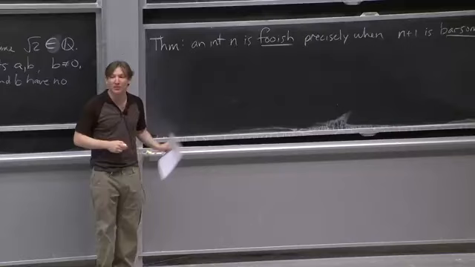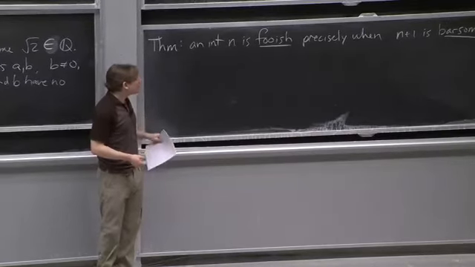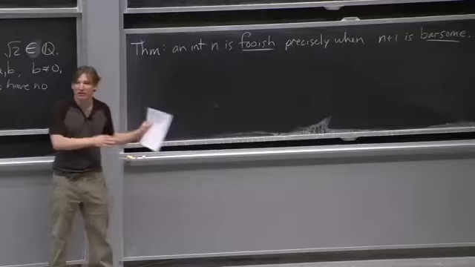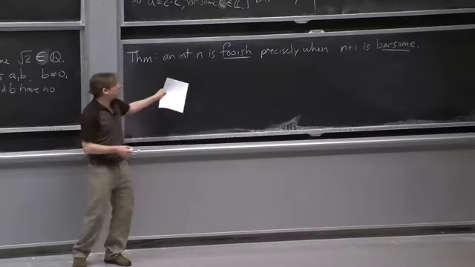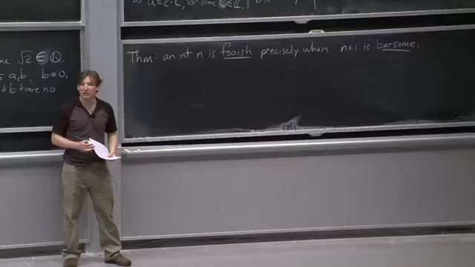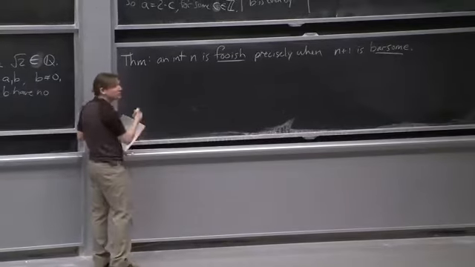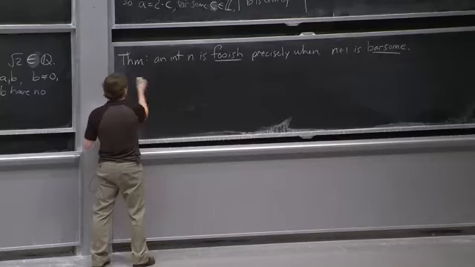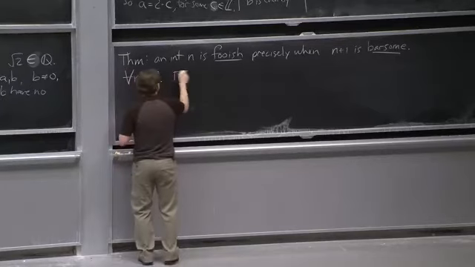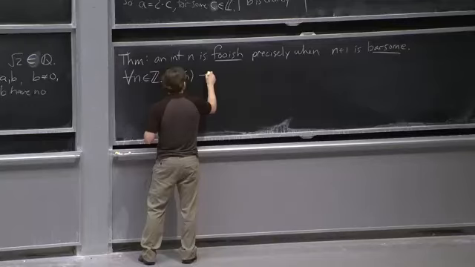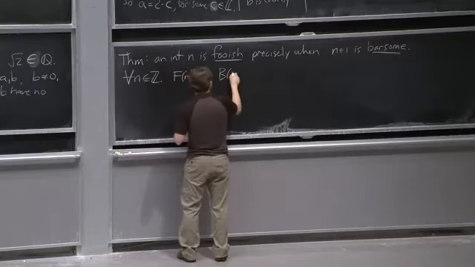Let's imagine this theorem is meaningful, and we've been asked to prove it. I claim there's a lot of progress we can make in writing and structuring this proof, even before we go and look up what these two weird terms mean. So let's do that. OK, so this theorem, we can phrase it as: for all n in Z, n is fooish if and only if n plus 1 is barsome.